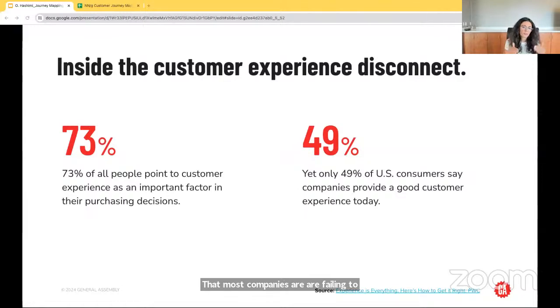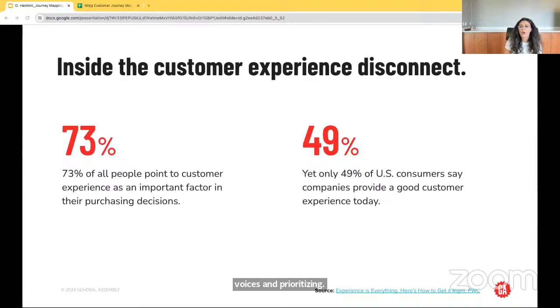And this discrepancy represents a substantial opportunity for businesses to really differentiate themselves. They can do this by providing that exceptional customer experience by really talking to their users and hearing their voices and prioritizing their needs and concerns.